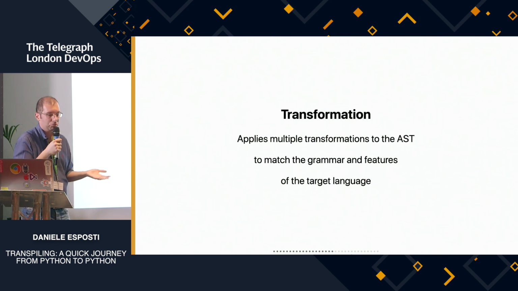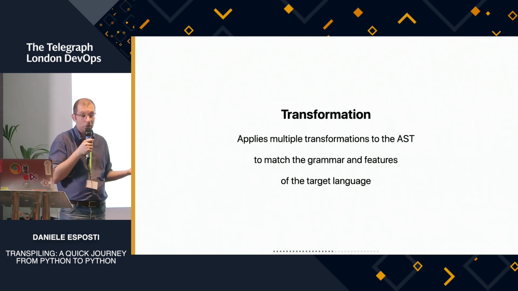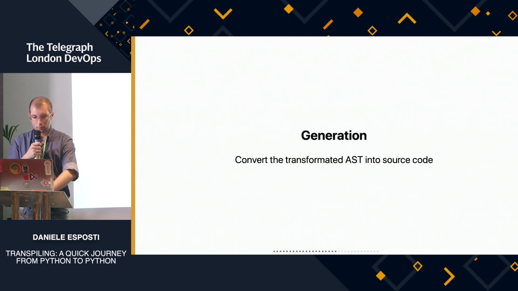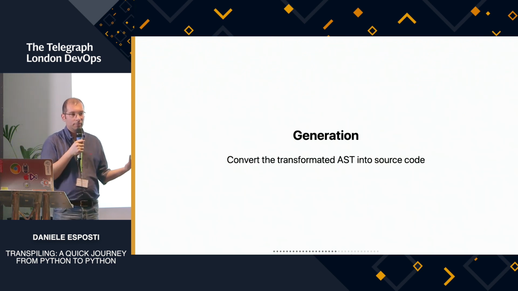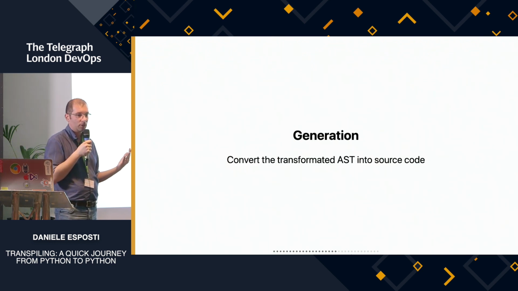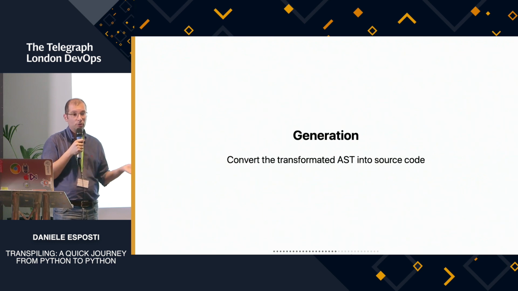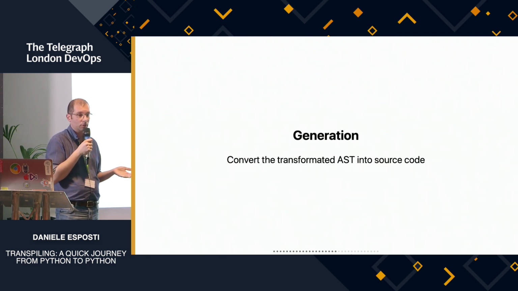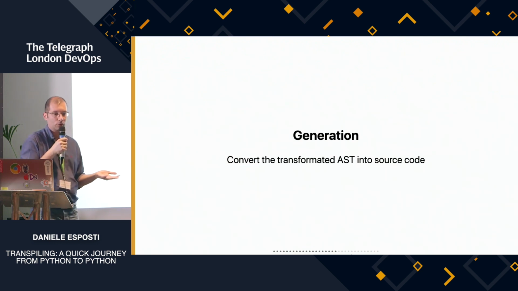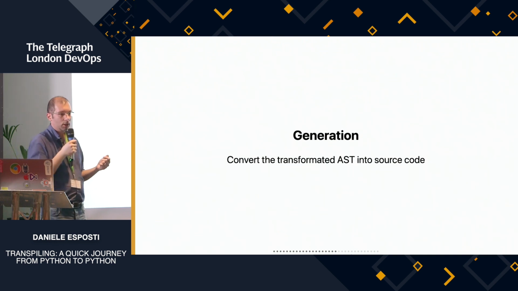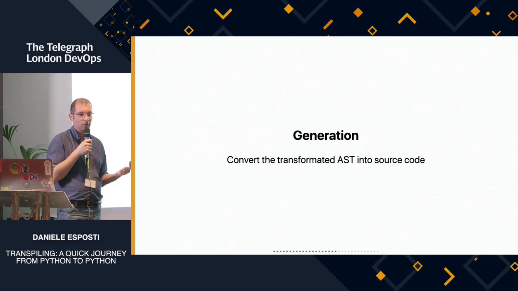You can do any kind of transformation you want. Then you have this transformed AST, and you can just output it, converting back to the original source code or new source code for a different language. So it's a very simple step. It's much simpler than the compilation step.